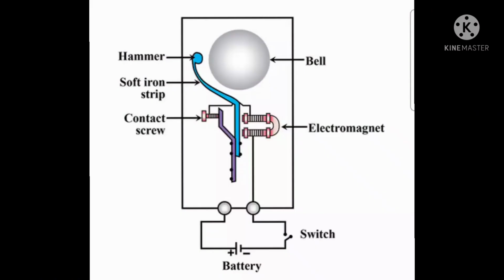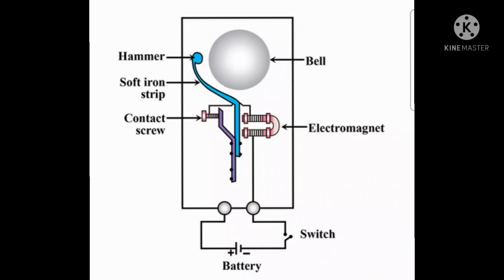Electric bell works on the principle of magnetic effect of electric current. In the circuit, when the switch is in on position, the circuit is complete and the current flows through the circuit.